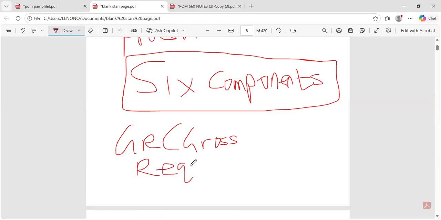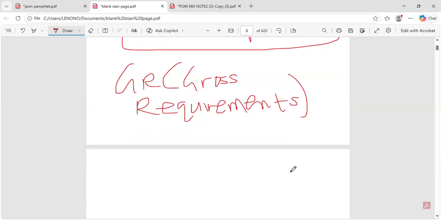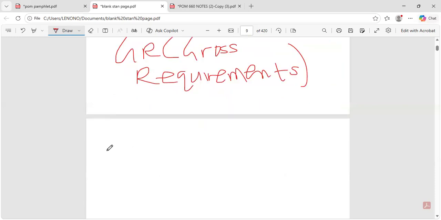So gross requirements, you simply say these are units of commodity demanded by customers, or demand units by customers.